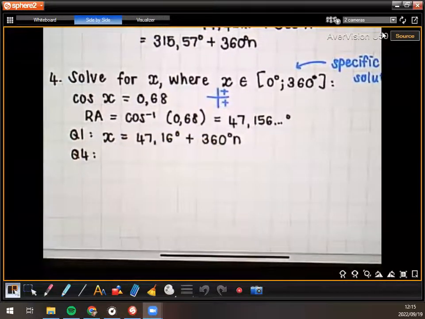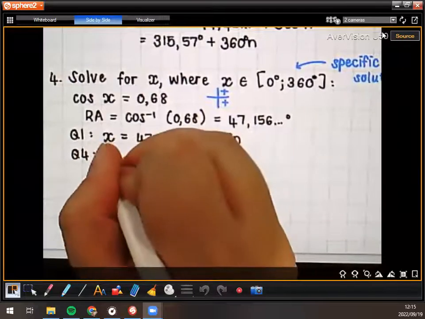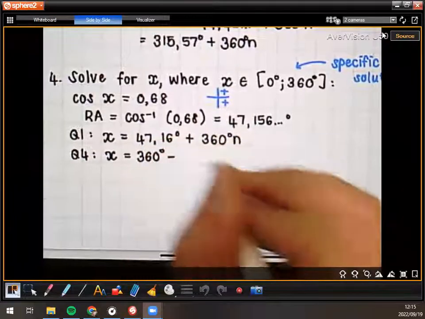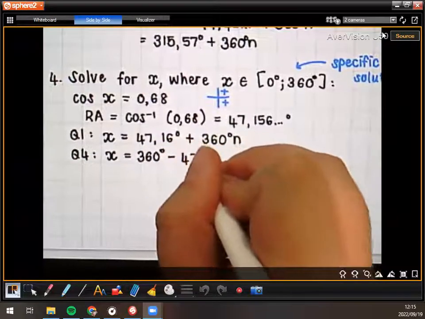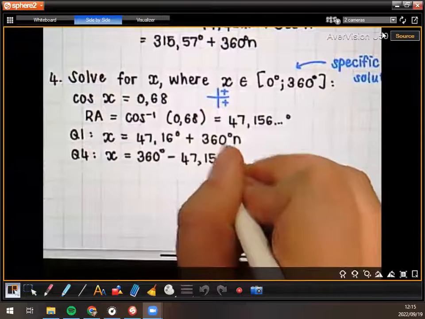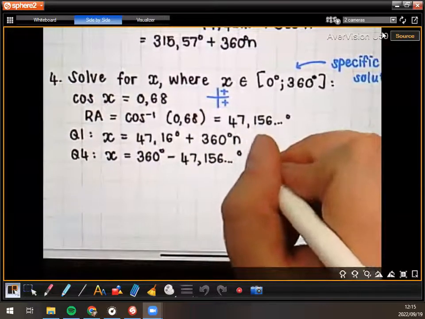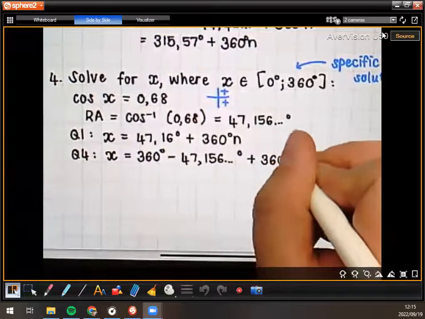Quadrant 4, how do I get an angle in the fourth quadrant again? 360 minus the reference angle. So 360 minus 47.156, or just 47.16 if you want, plus 360n.